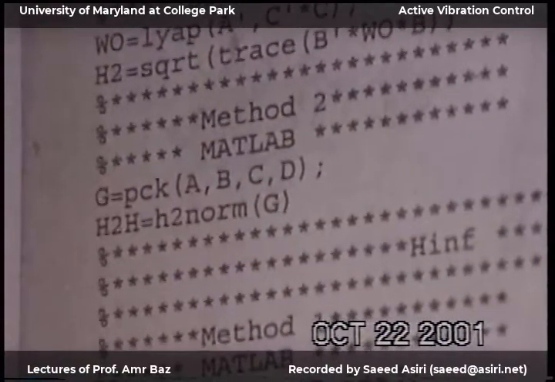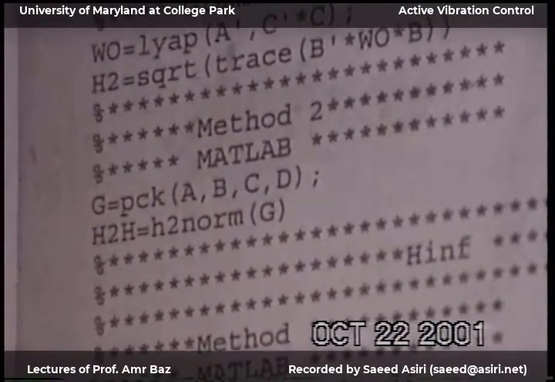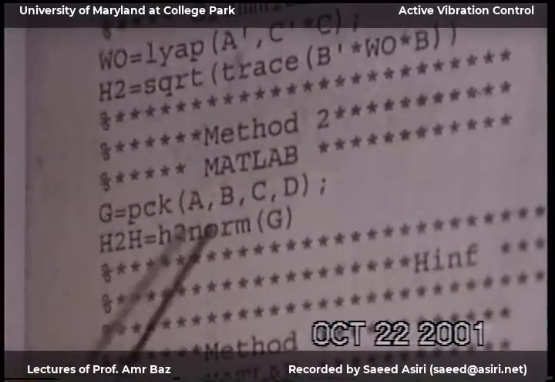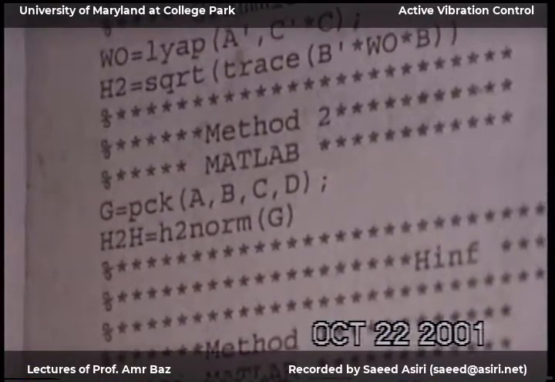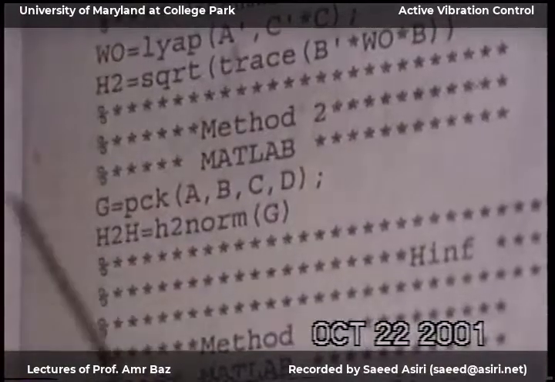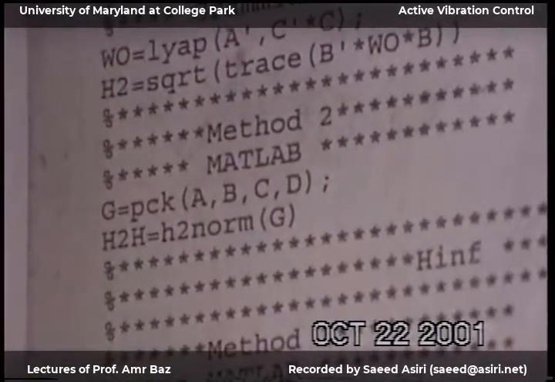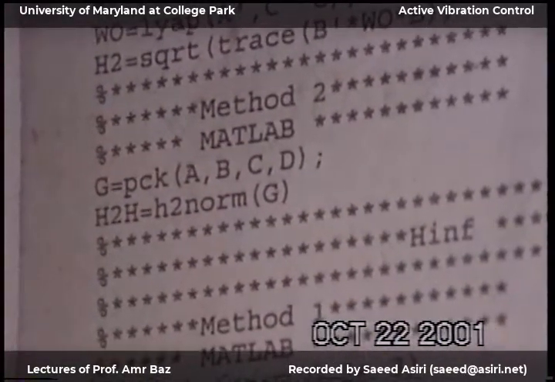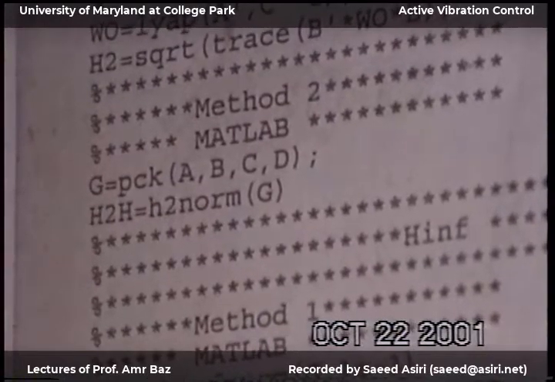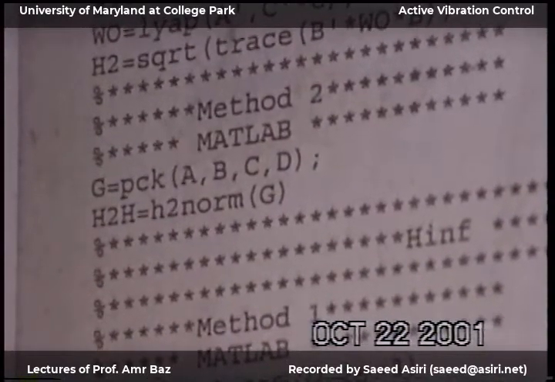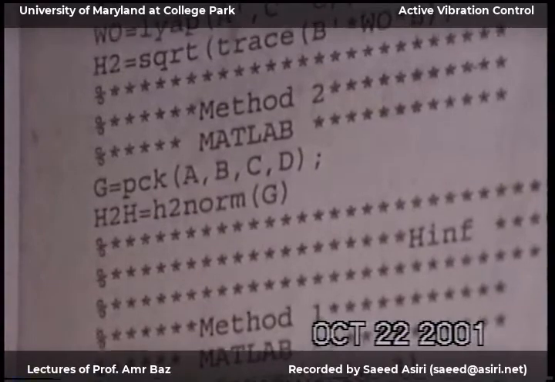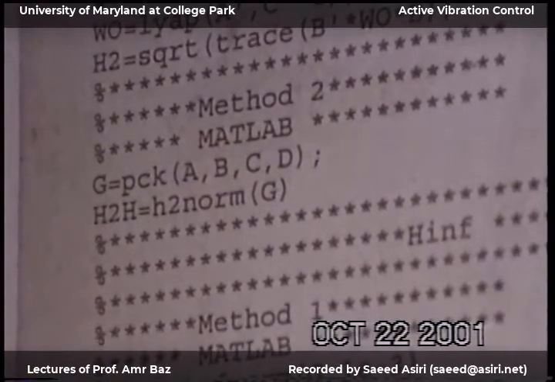Now the important thing is that the H2 norm is a measure that defines area under curve. We look at x squared, the response squared. The response squared of a scalar is very well known for us.